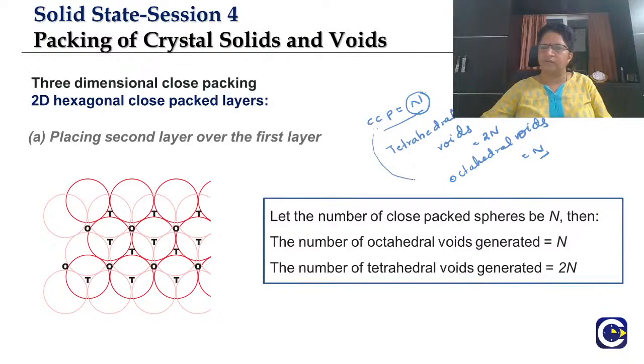The close packed atoms will be equal to the number of octahedral voids, while tetrahedral voids will be equal to double the number of close packed atoms.